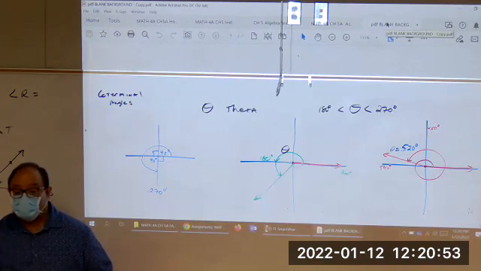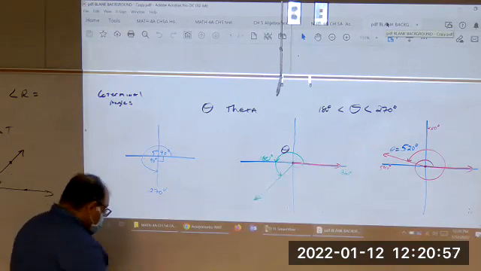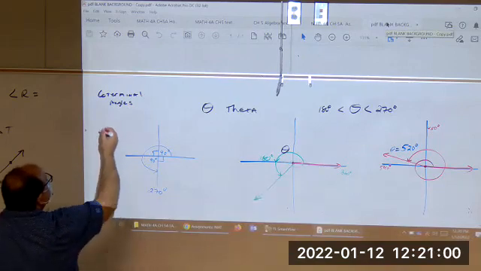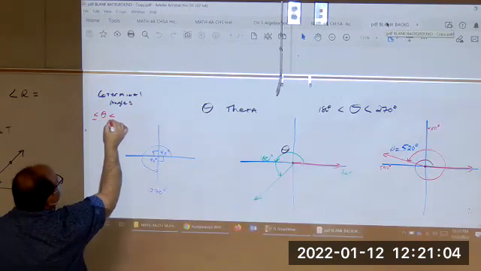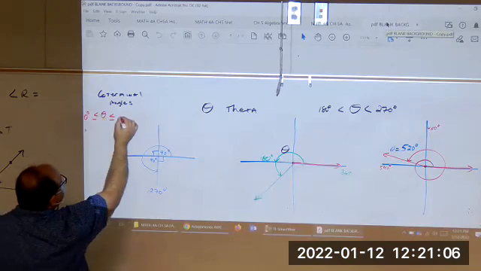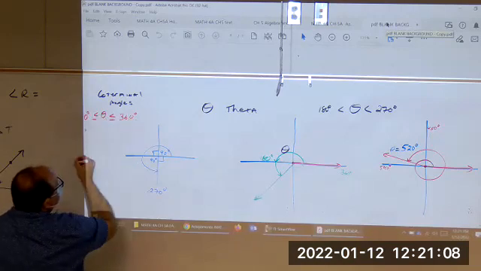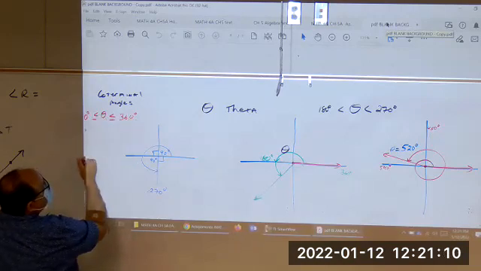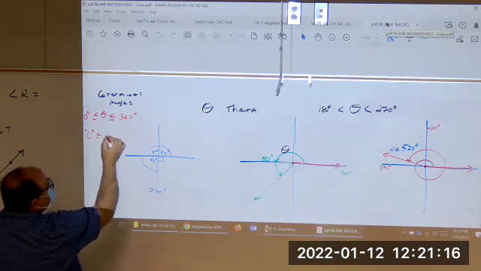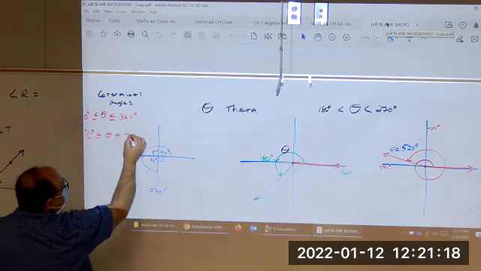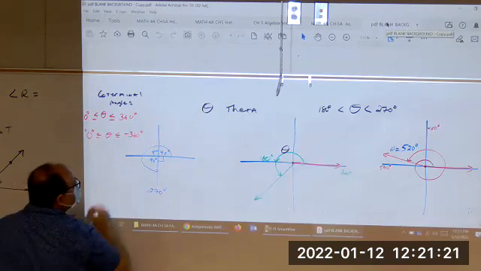But here's what I want: a coterminal angle that is in between 0 degrees and 360 degrees, and something we haven't talked about yet but I'm going to talk about now, 0 degrees and negative 360 degrees.